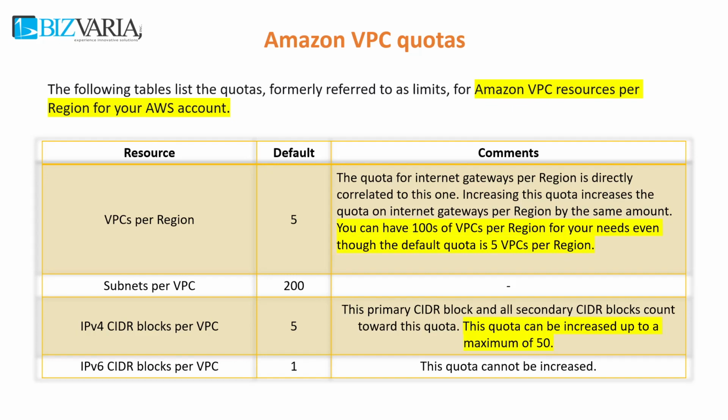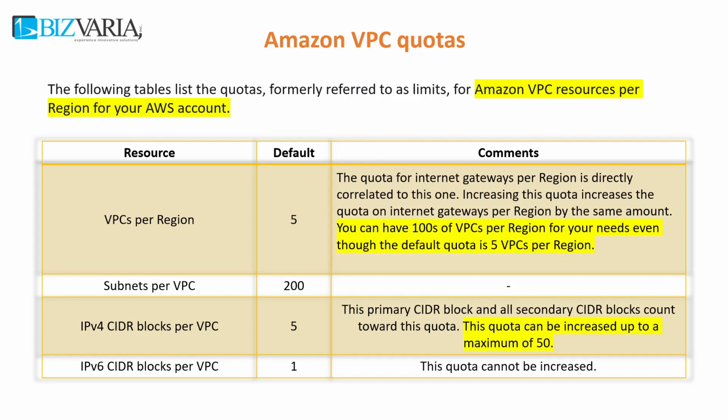Yes, sir. So subnets per VPC, by default you can have 200, but again the same thing applies here. It depends upon the size, how big your land is, and how much you want to build on it. It depends on you. If you have 100 acres of land, you can build as many houses on that land.